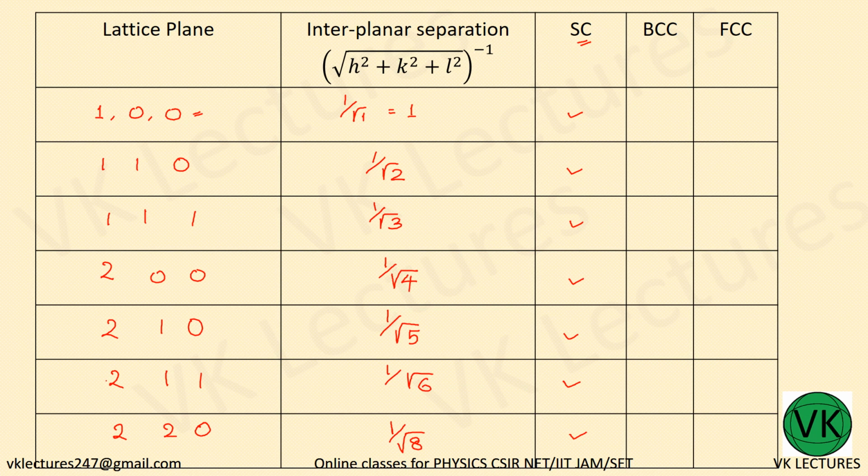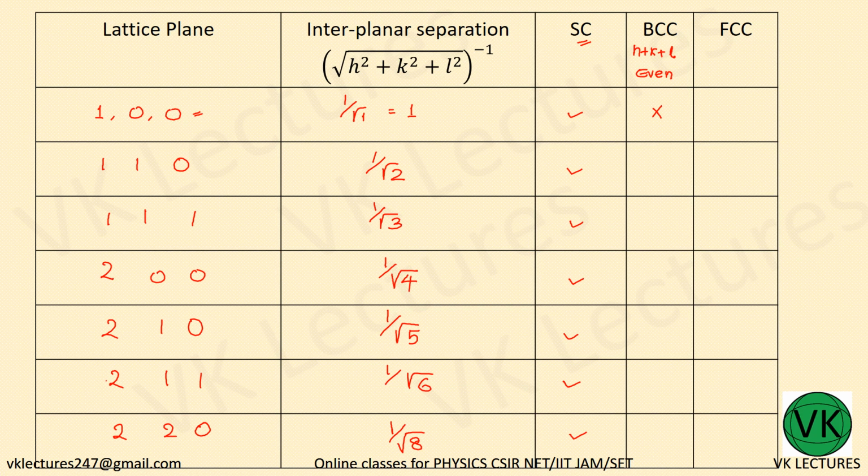Now coming to the body centered cubic, the sum of the h, k, l values, so h plus k plus l, should be even for the plane to be Bragg reflected. So we will check in which lattice planes the sum of the h, k, l values is even. For the first case, 1 0 0, it is not even, so it is not Bragg reflected.